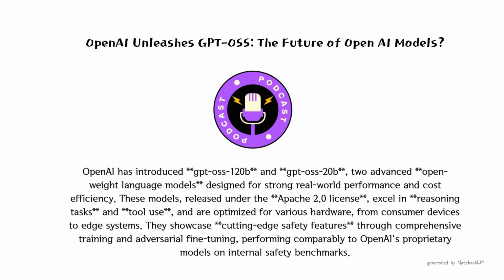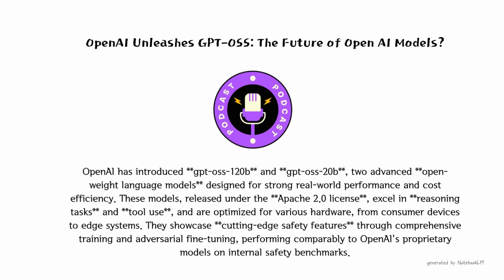They offer unprecedented flexibility and control for developers. And we've also explored the rigorous safety steps they took and that commitment to fostering a safer, more transparent open source ecosystem. The practical relevance here is just immense, enabling everything from AI running directly on your device to more secure enterprise solutions. It really feels like a potential shift in the AI development landscape.